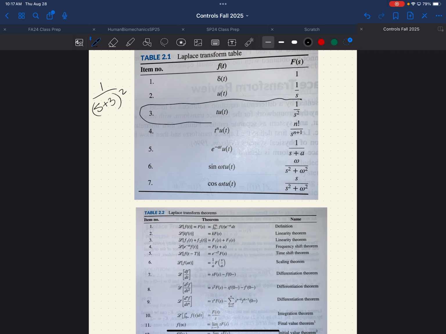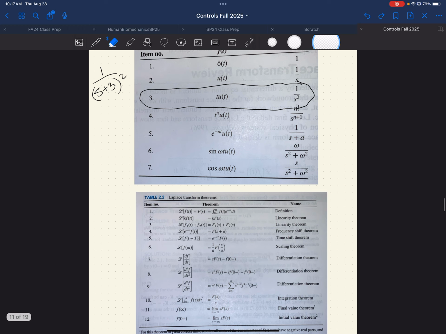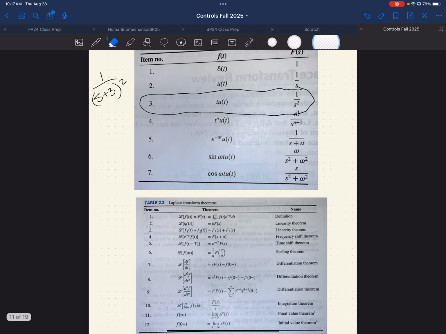So we have something that's 1 over s squared, but instead of it being an s, it's an s plus a something. 5 as well. Yes, so I think there's one down here that is very similar.